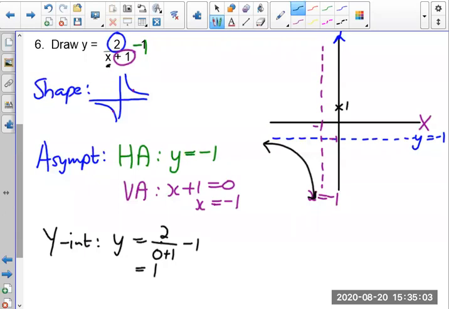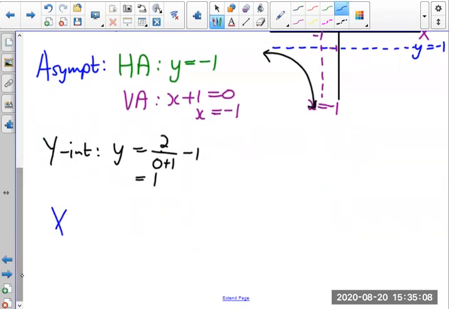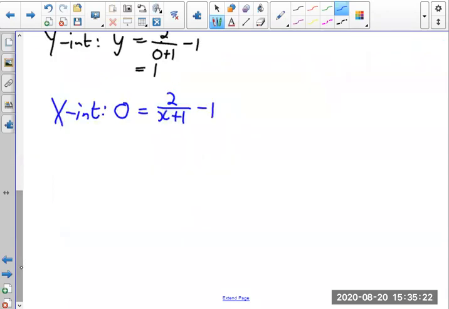And then I must still calculate the x-intercept. And you know how to calculate the x-intercept. For the x-intercept, you make y 0. And you have 2 over x plus 1 minus 1. So you take this minus 1 to the left-hand side, it becomes a plus 1. And what did we say?